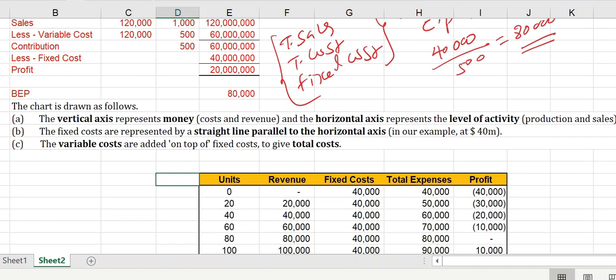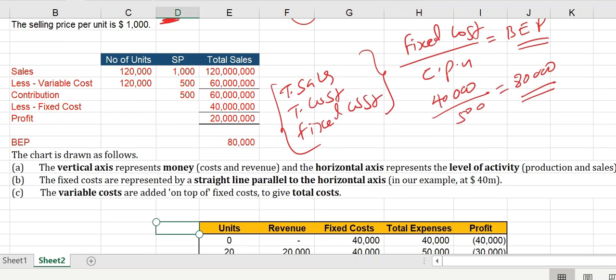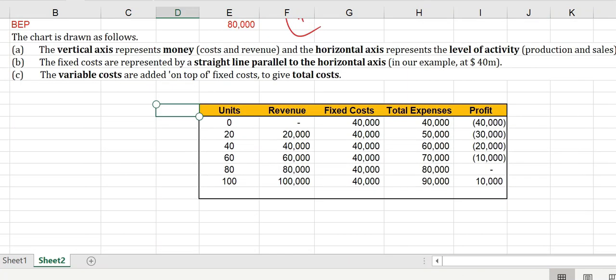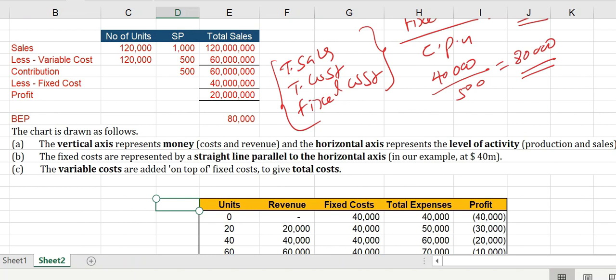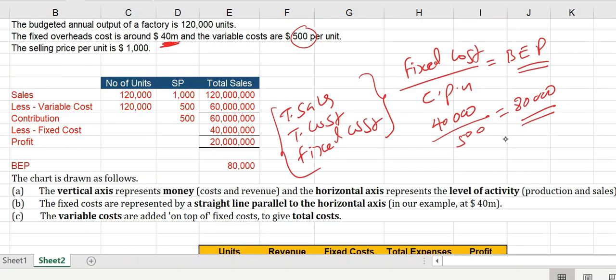The chart will have a vertical axis as well as a horizontal axis.